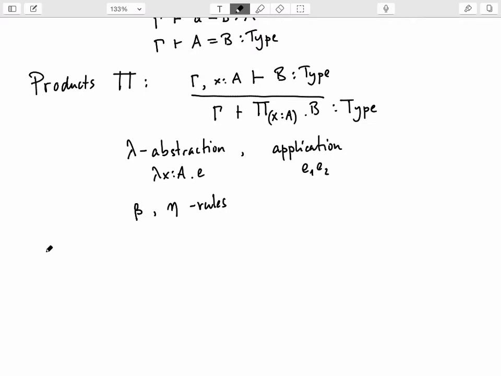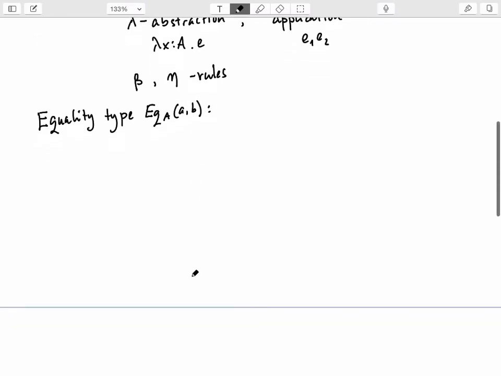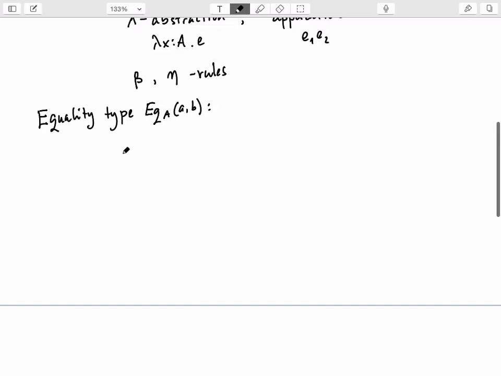And then there's an equality type. And I'll write this one like this. It's called Eq A a b. And this one, let me be a bit more careful about this one. This one goes as follows.